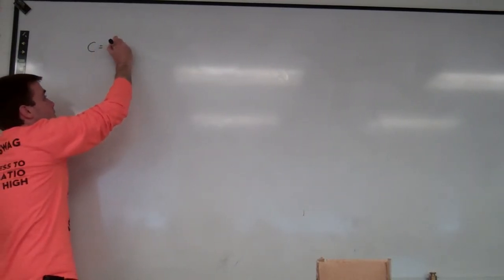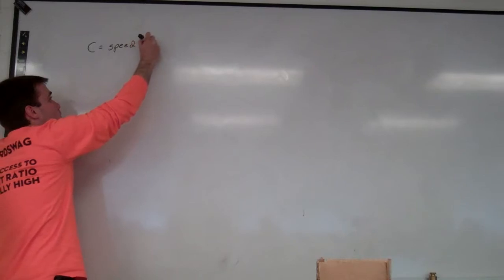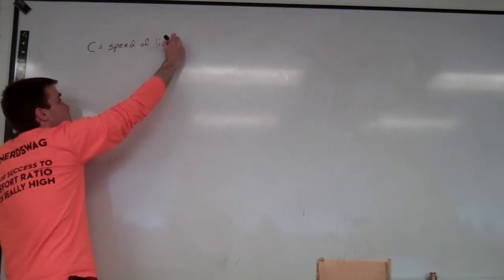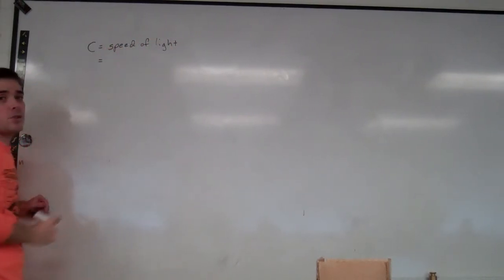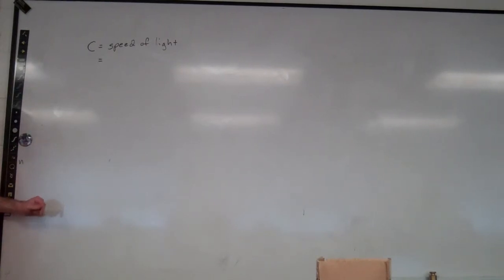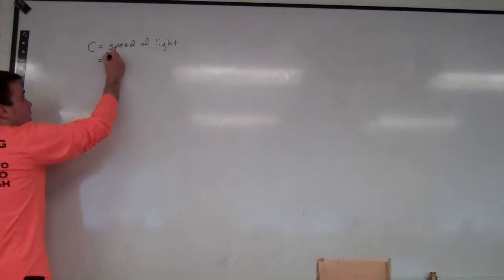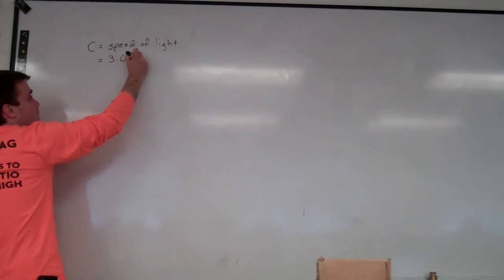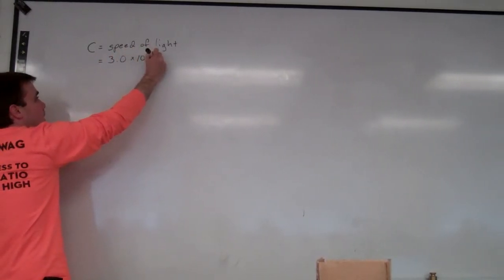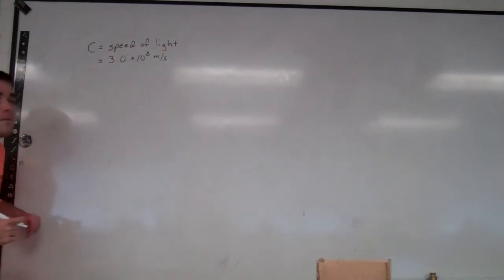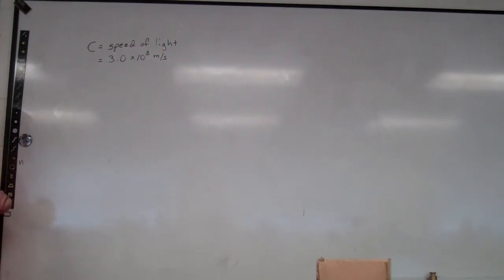And we're going to usually use the speed of light in a vacuum here, 3.0 times 10 to the 8th meters per second. Anybody know what that is in miles per second? 186,000 miles per second.